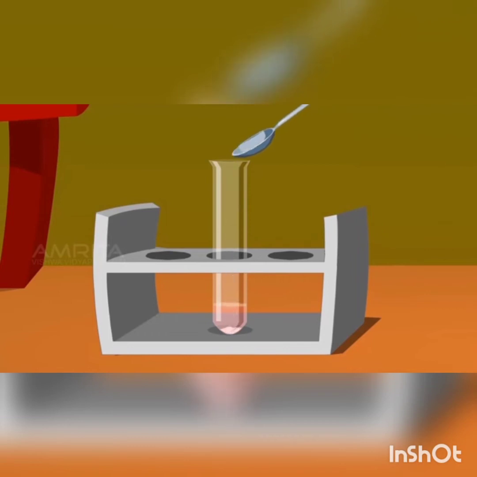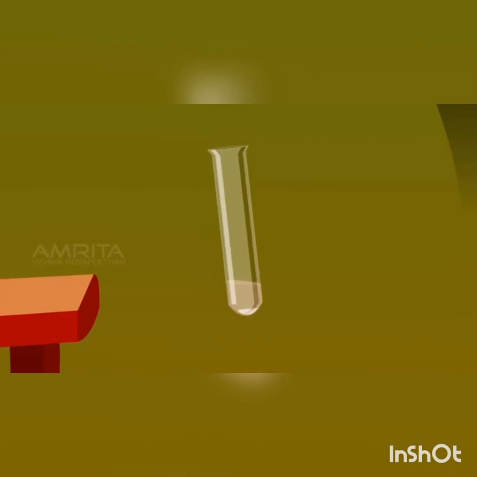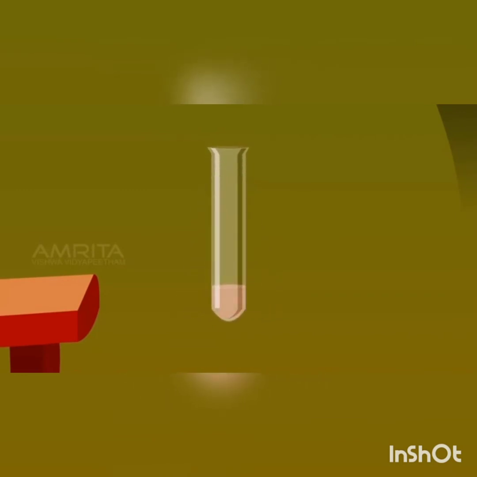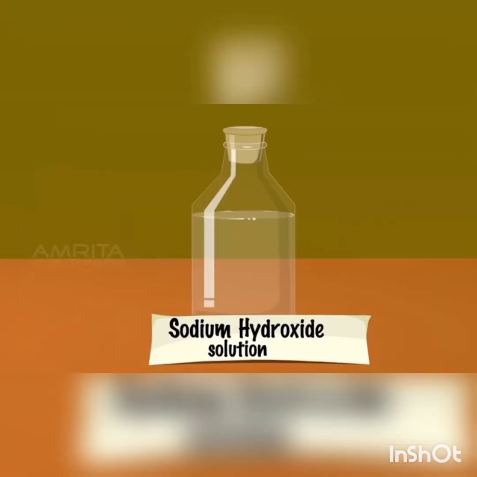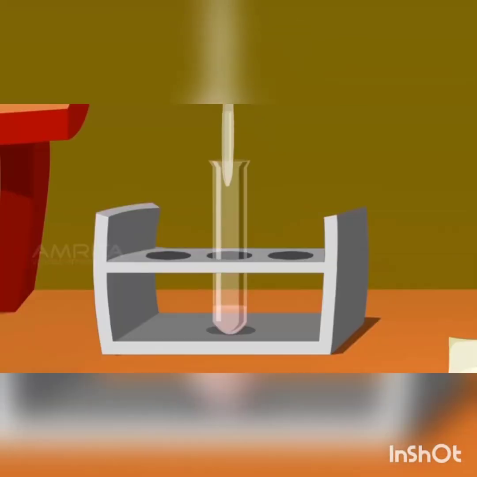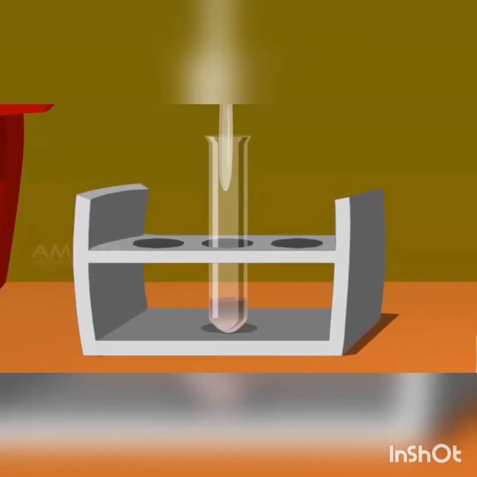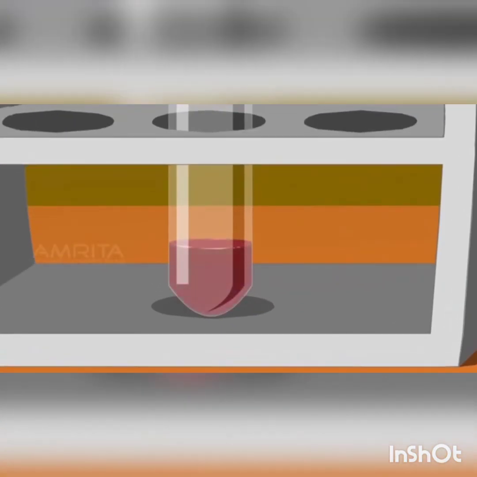Add it into the test tube. Shake well. Add some drops of sodium hydroxide solution. The anion of the ketone formed by an alkali reacts with nitroprusside ion to form a red-colored complex.